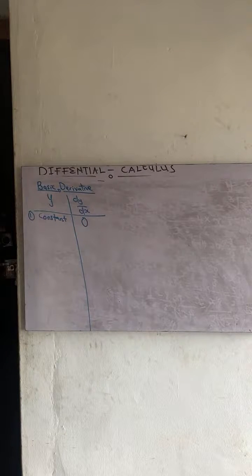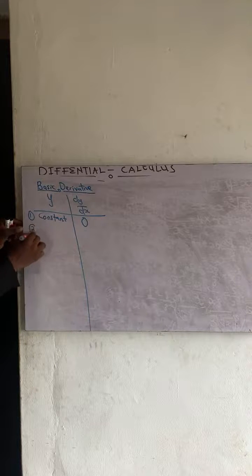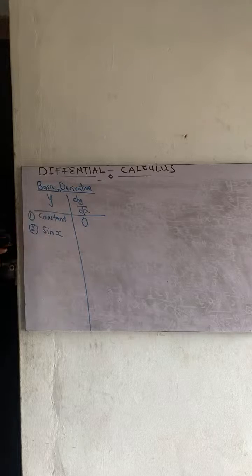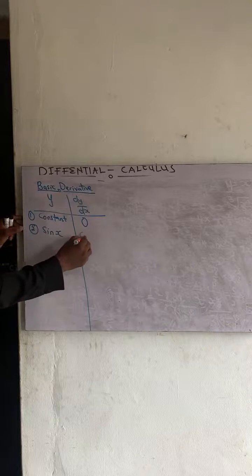The second derivative I want to give you now, number 2, is sin x. The differentiation of sin x would give us cos x.